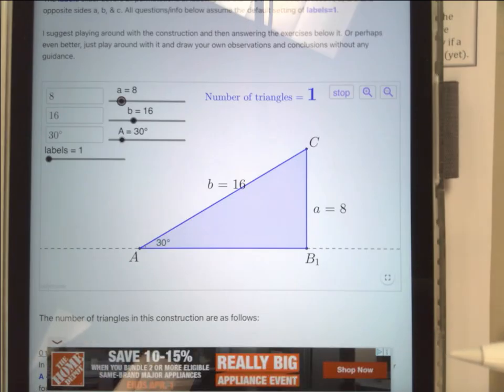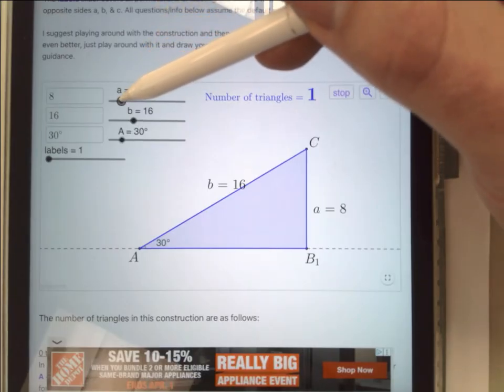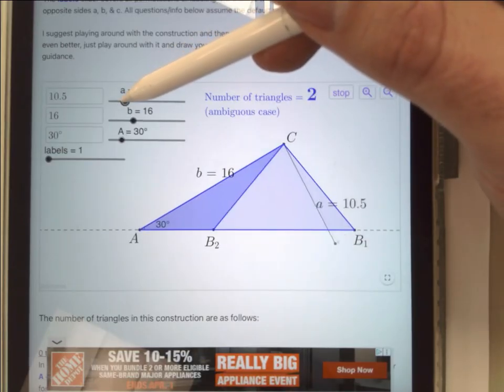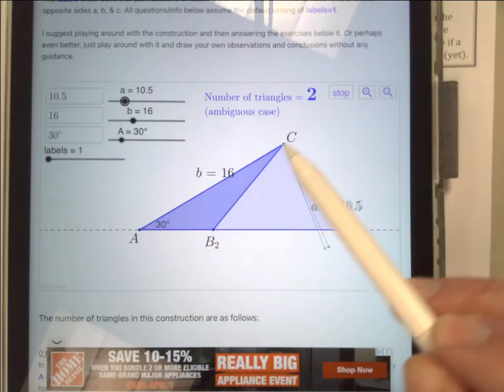So one triangle possible. But what if this string is a little bit longer than 8? What if I extended this to 9, let's say? What in the world is going on there? How many triangles are possible now? Well, there's one right here, this one.